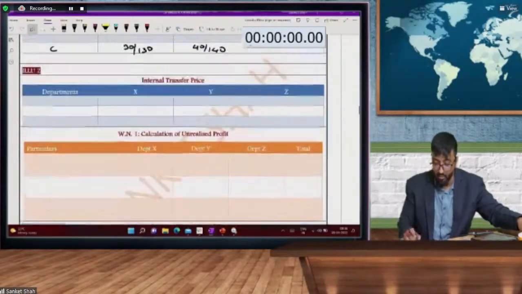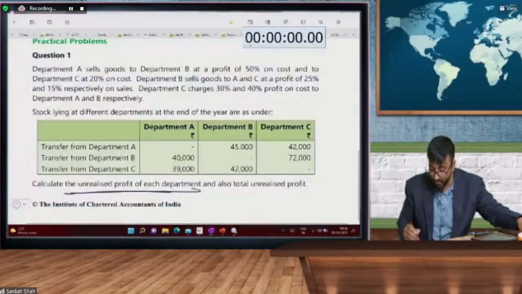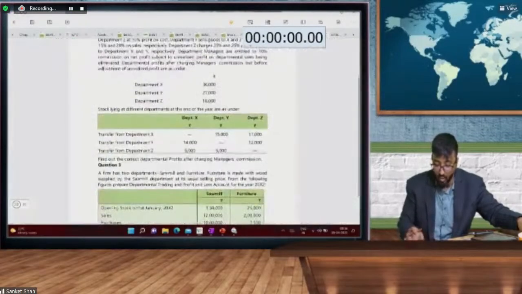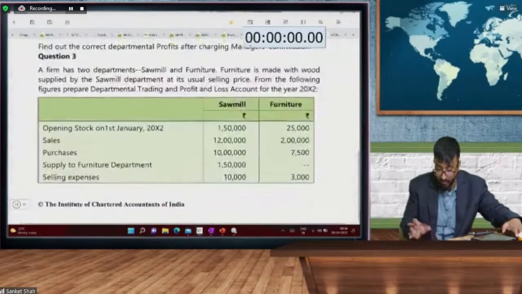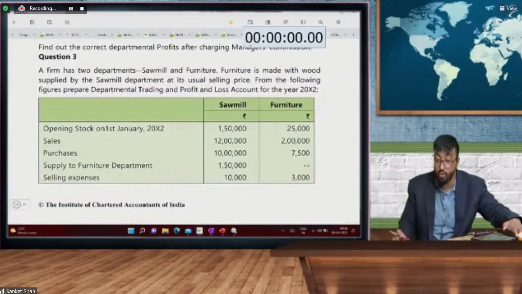Now illustration number 2 is similar, beta, so you solve it on your own. Illustration number 3 is similar to finished goods and shoes. Okay.